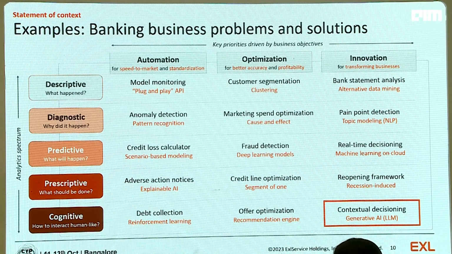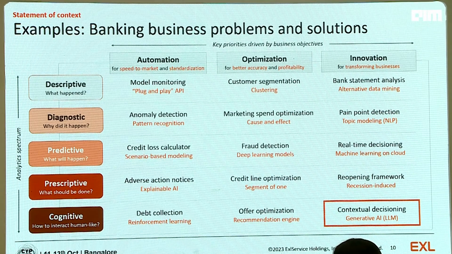So you have to predict for the future. Now, if you have predictions, then you need to take actions, so you need some prescriptions. And finally, you have to build or implement the solution in such a way that you act like humans when interacting with your customers, because your customers are also humans. That's the reason cognitive analytics has picked up a lot of traction now.